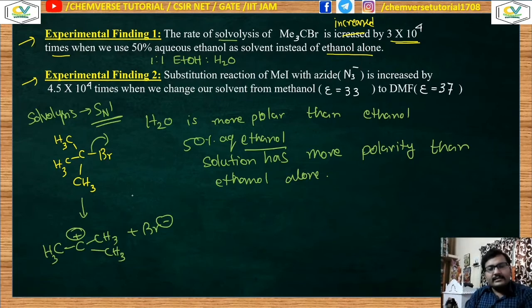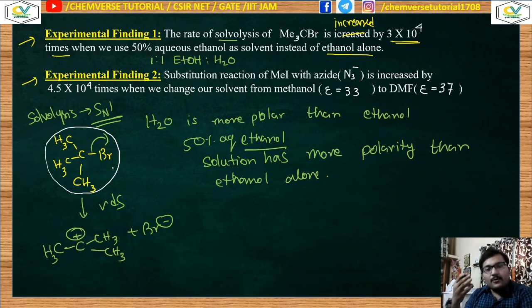So this is the rate determining step, the most important step, and the stability of the carbocation is the important factor to govern the rate of the reaction. Now here, this is potentially a neutral molecule. This is a polar molecule due to the presence of the more electronegative bromine, but overall it is a neutral molecule. From a neutral molecule, charges are produced: this is the cationic species and this is the anionic species.